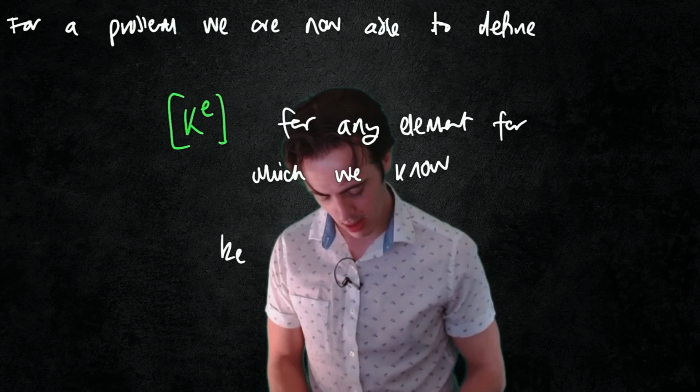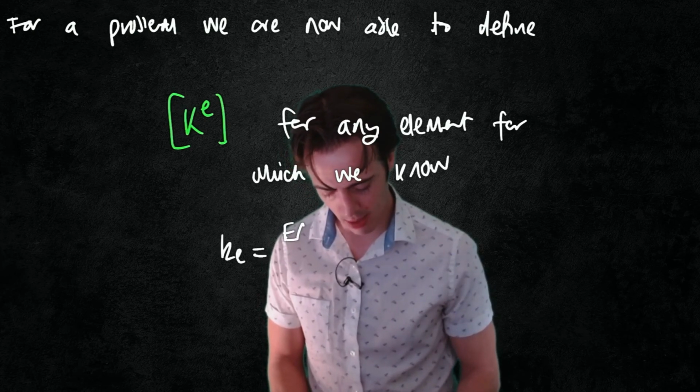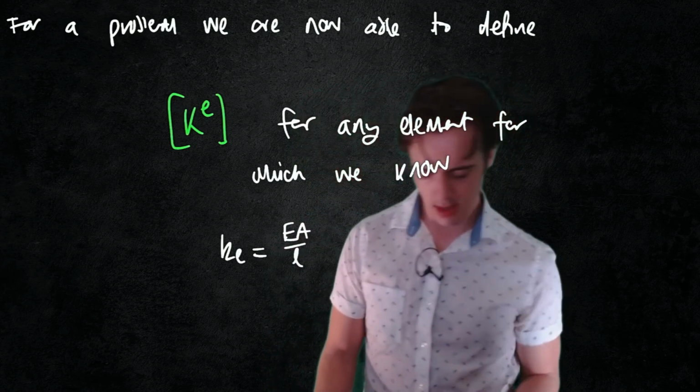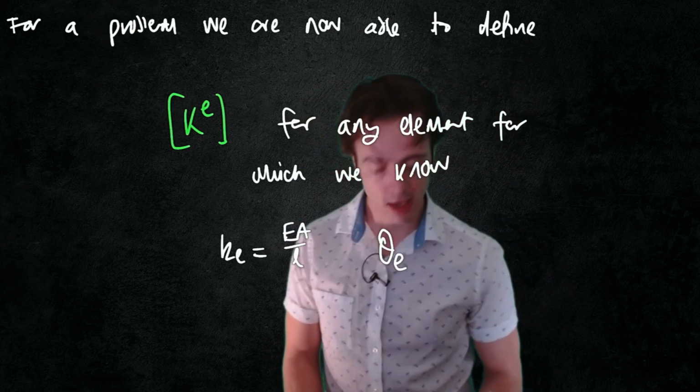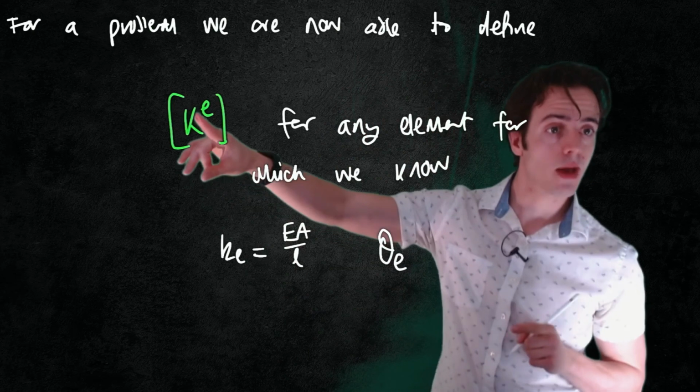So KE, this local stiffness, is just equal to EA on L. So as long as we know that, and then if we know also the angle of this element, we can then construct this matrix here.